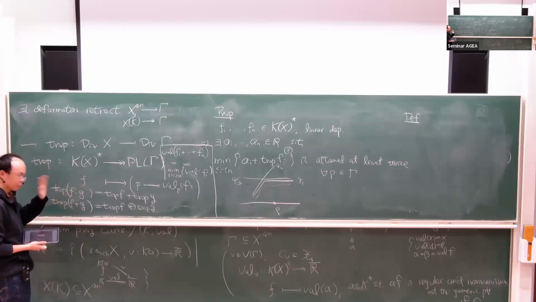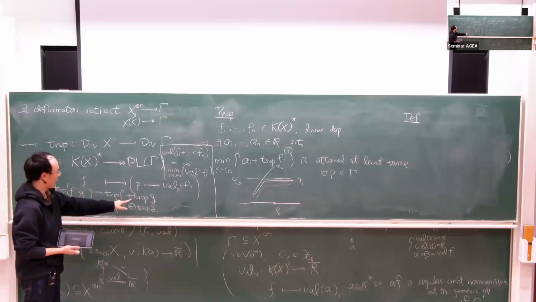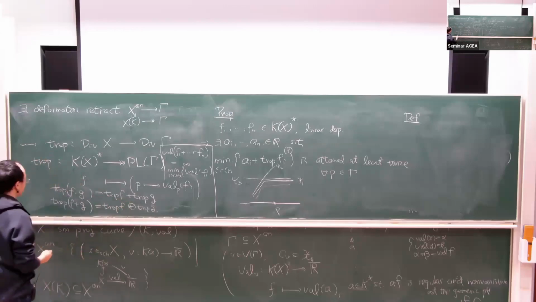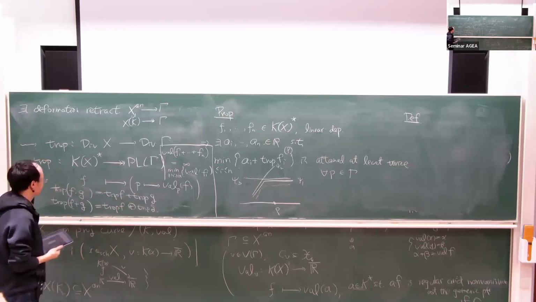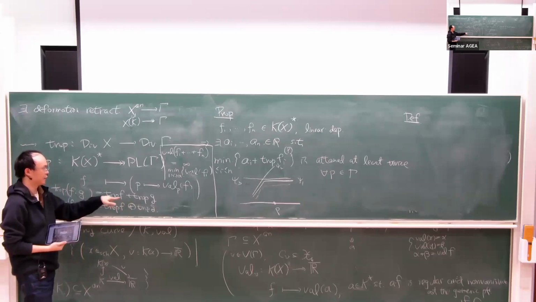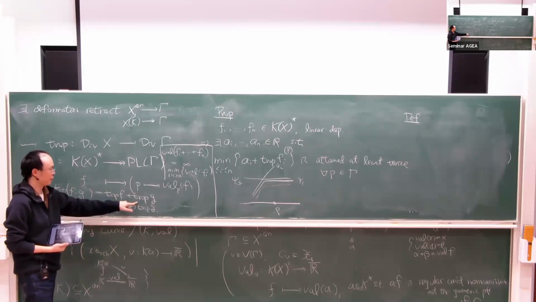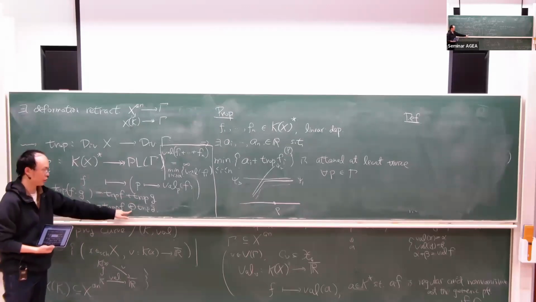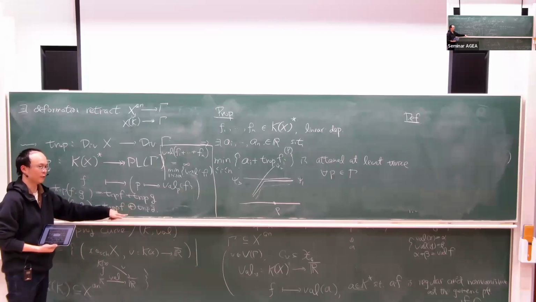But you're also right, because it respects some operations. For example, if you consider the tropicalization of the multiplication, it's just a usual sum on these two piecewise linear functions. If you consider the tropicalization of the sum, then it becomes a tropical sum of the corresponding piecewise linear functions.